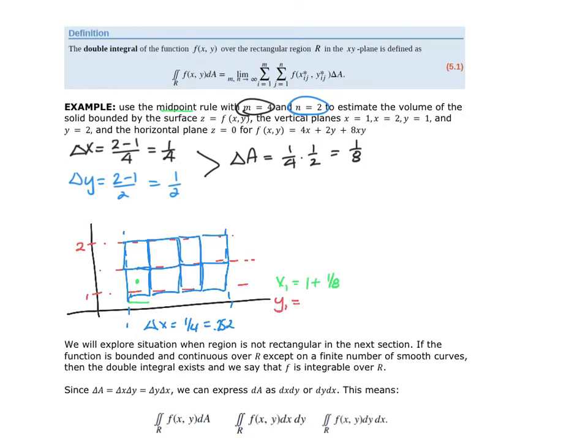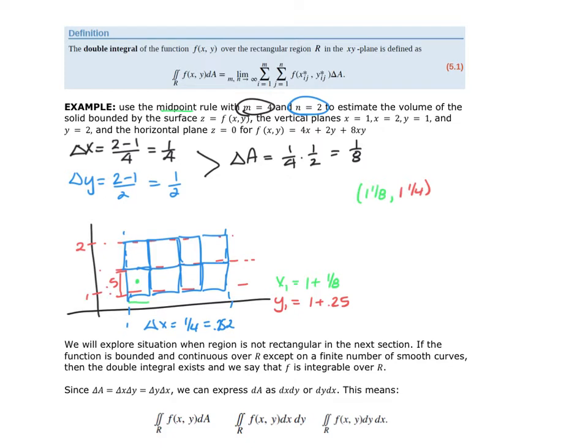The entire y distance is going to be 0.5, but I only want half of that, so that is going to be 1 plus 0.25. So my first ordered pair is 1 and 1/8 for x, and 1 and 1/4 for y. So that is my first ordered pair.